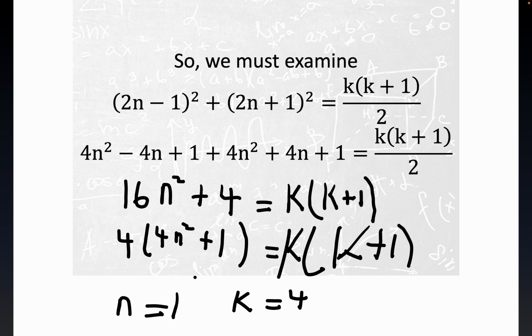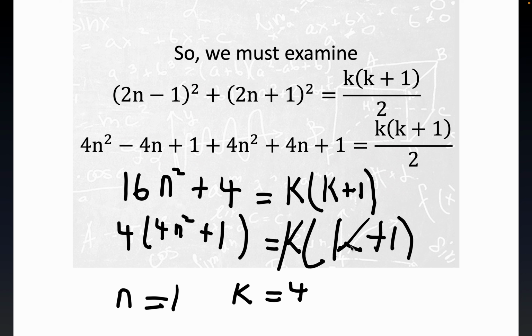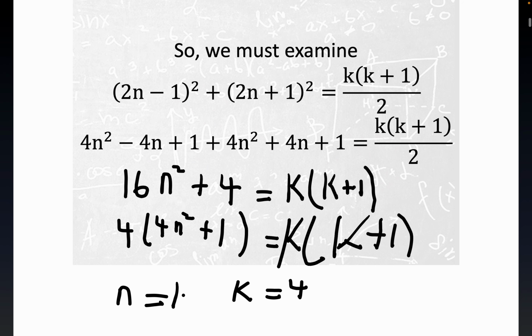Notice that by inspection, k is 4. And if k is 4, that forces this part to be 5. But the only way 4n squared plus 1 can be 5 is if n is equal to 1. And again, it would be plus or minus 1, but we're just looking for positive integer solutions.